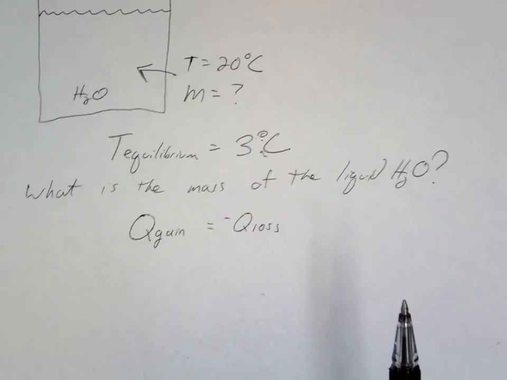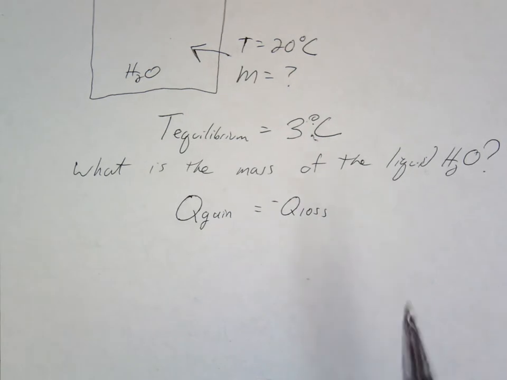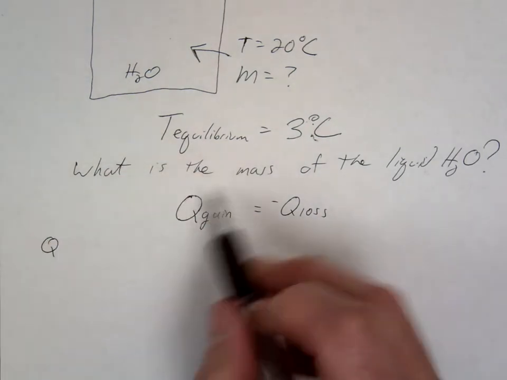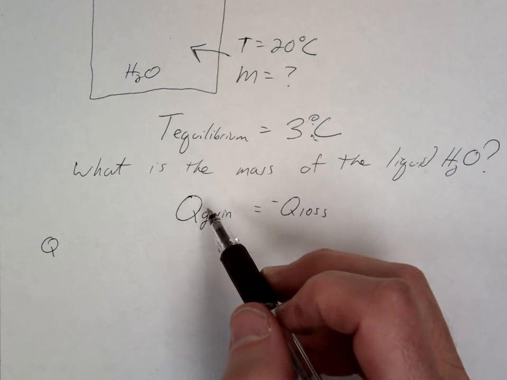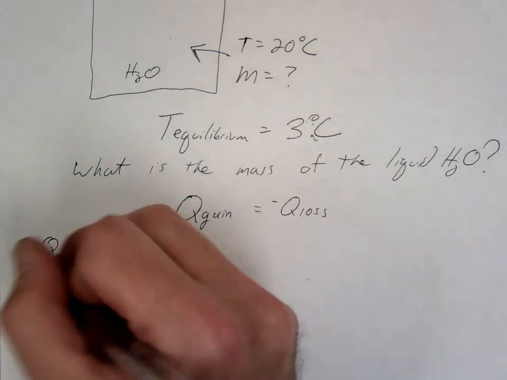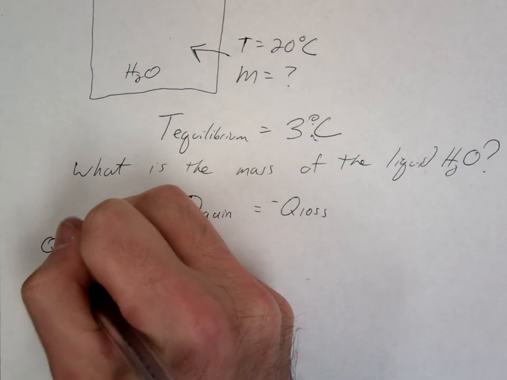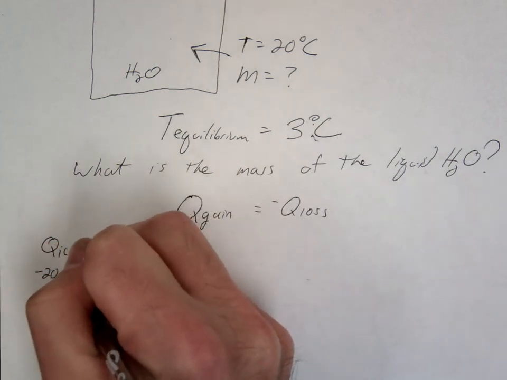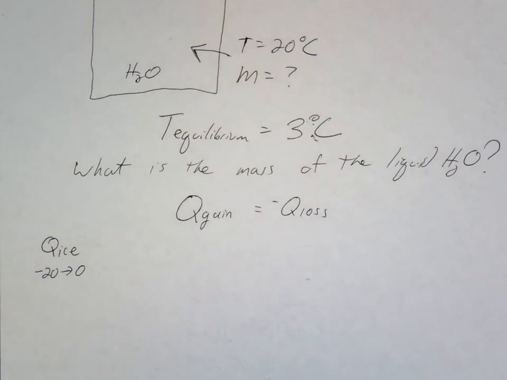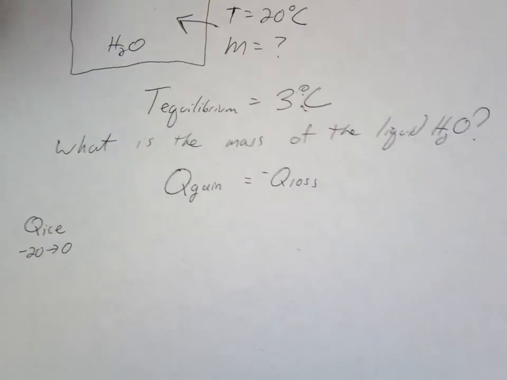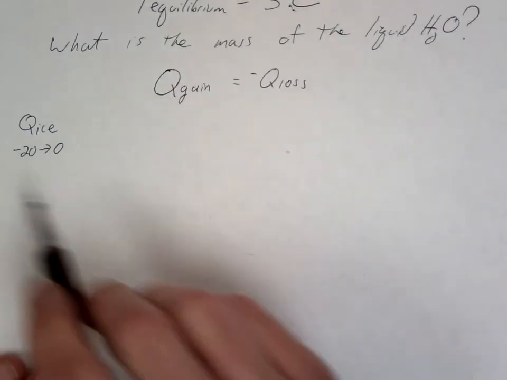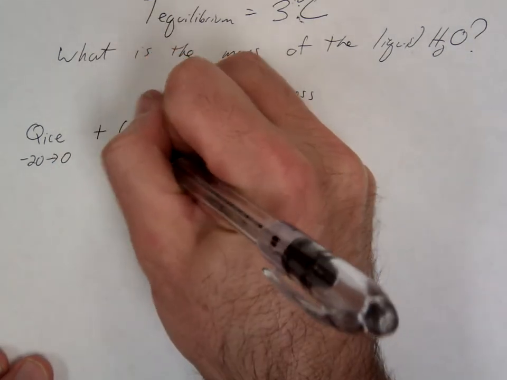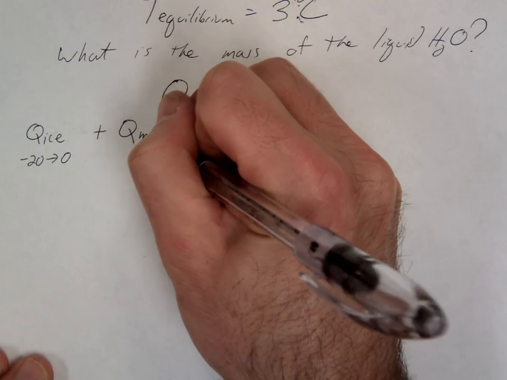Okay? So let's write that out. We'll do it kind of in conceptual form. So the Q on the gaining side, that's going to be ice, right? So first of all, the ice, Q of ice, is going to heat up from negative 20 to 0. So you need some heat to get it up to 0. Then you need some heat to melt it.